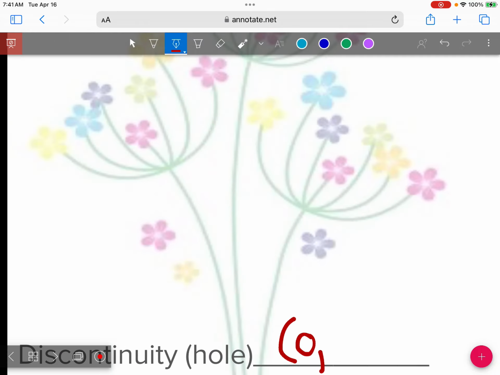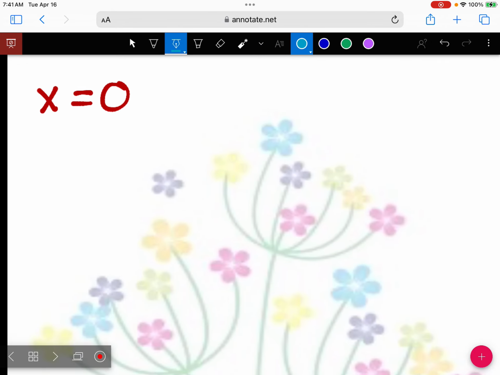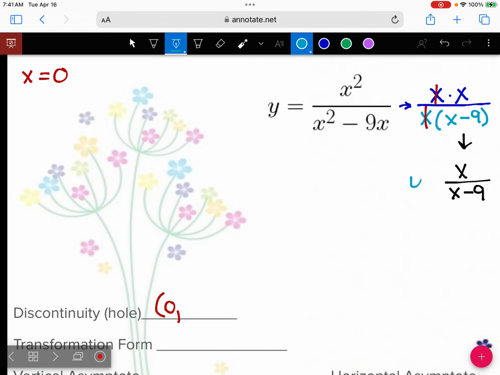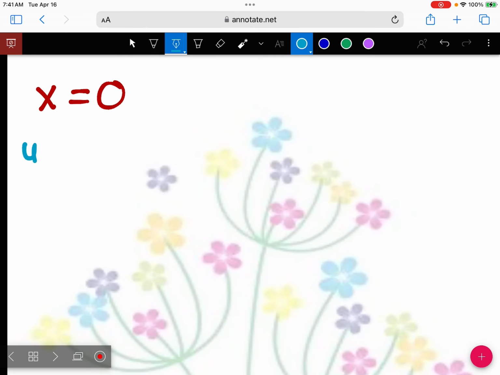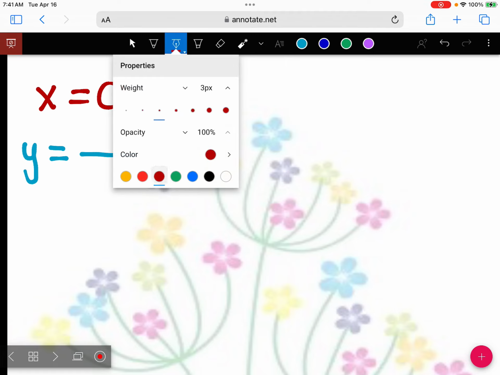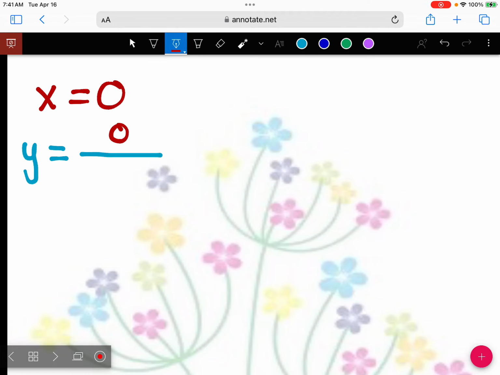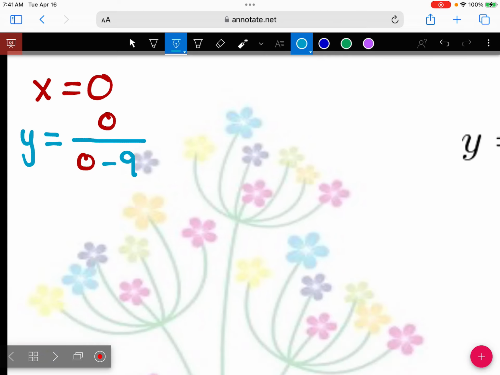To find that y value, I'm going to grab my leftover piece over here. I know this is a y equals. So we're going to have our y equals, and we're going to substitute in our 0. I have 0 over 0 minus 9, so we have 0 over -9.